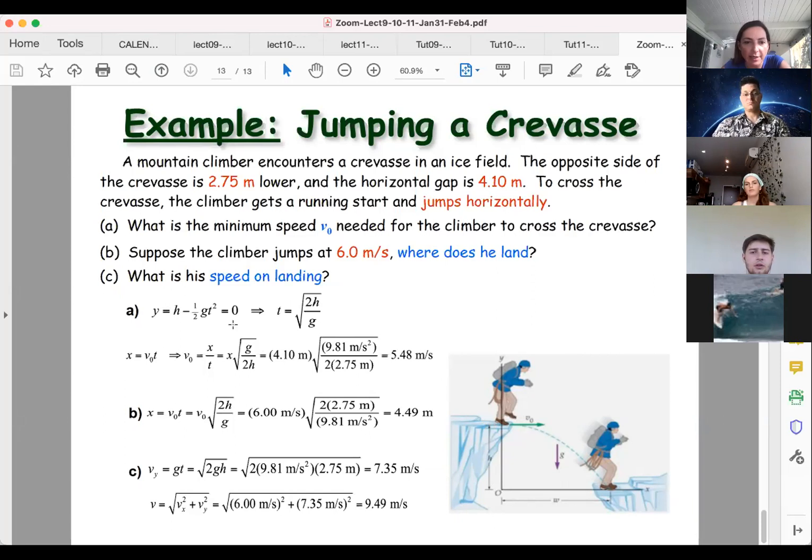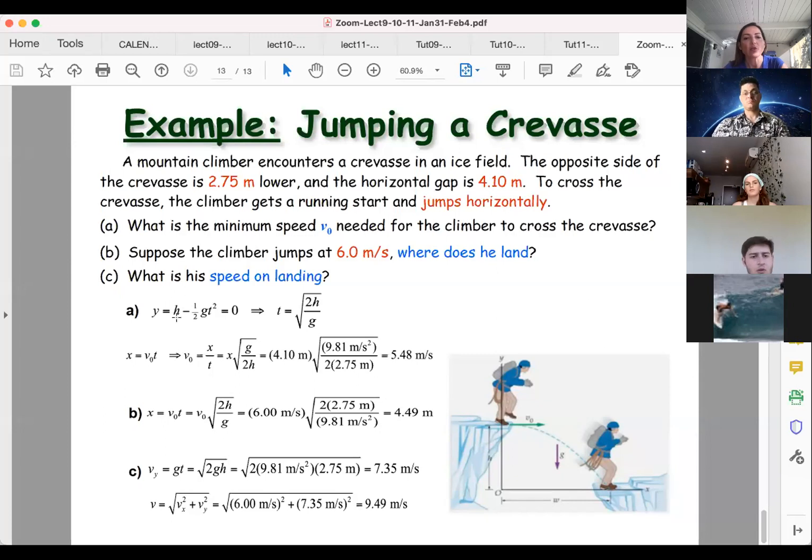Our Y0 is H. Then you would have the initial velocity along Y, but we said we don't have any velocity along Y, multiplied by T. So that component is 0. And then we have minus 1/2 GT squared, because we know that the acceleration is going down.